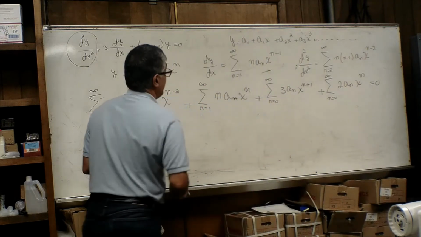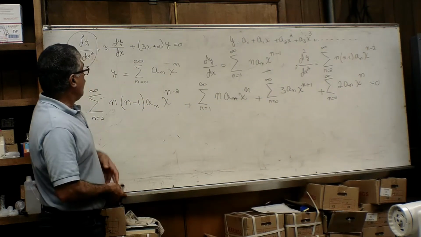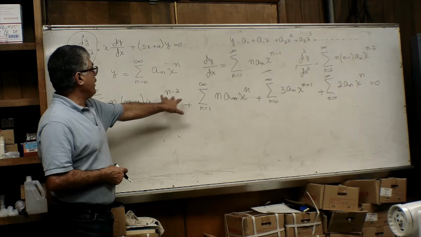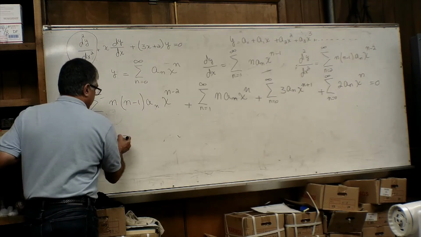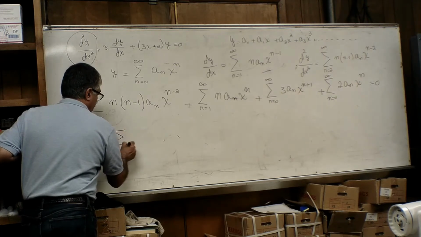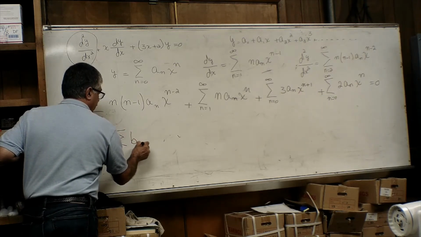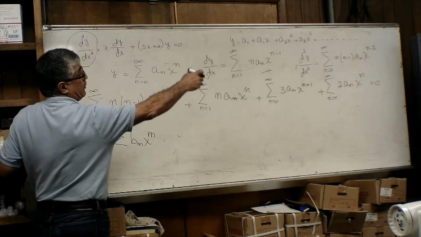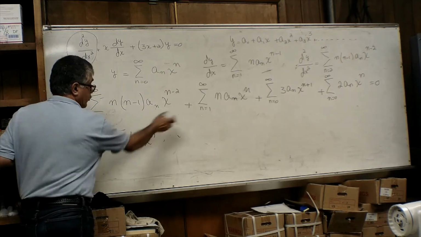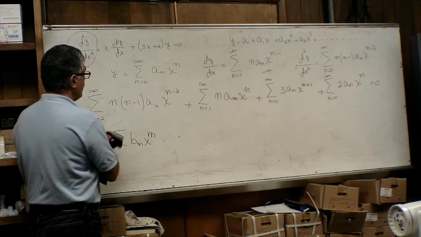Now the next step, we say that we don't want our power to be like that. We want to write all the summations in the form of b n x to the power n, not n minus 2, not n plus 1, all x to the power n. So how do we do that?